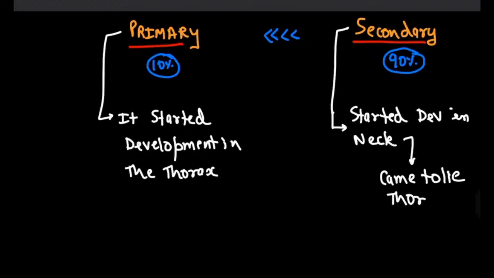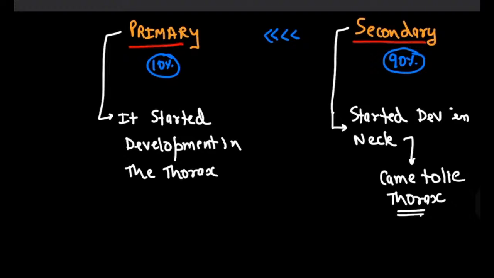Okay, so I hope I'm clear, guys. The primary retrosternal goiter primarily started to develop in the thoracic cavity, but the secondary retrosternal goiter started its development in the neck and then gradually descended and came to lie in the thoracic cavity.